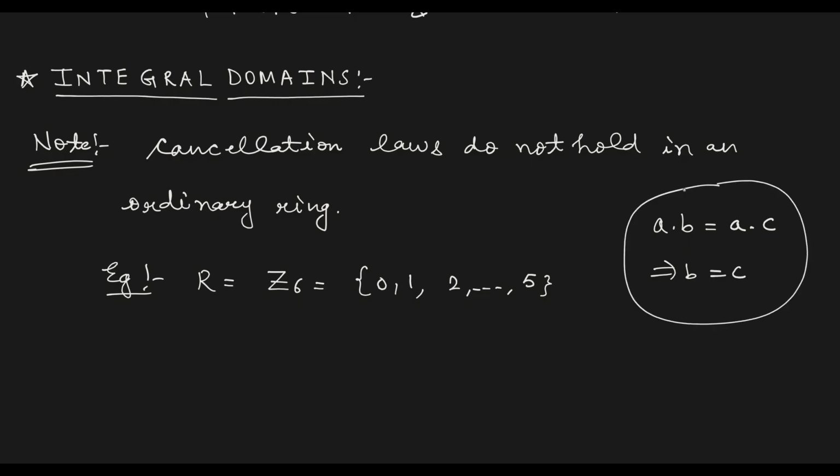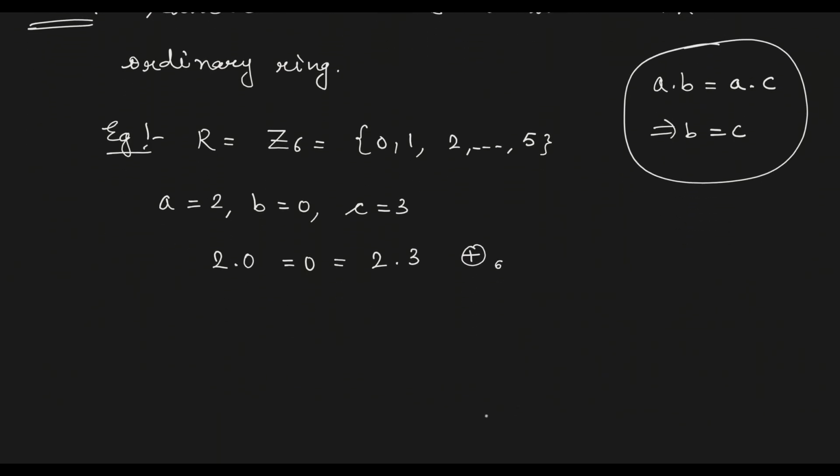This is the cancellation law. So if I take a as 2, b as 0 and c as 3, then 2 into 0, which is 0, is equal to 2 into 3, which is 6, modulo 6, I will get 0.